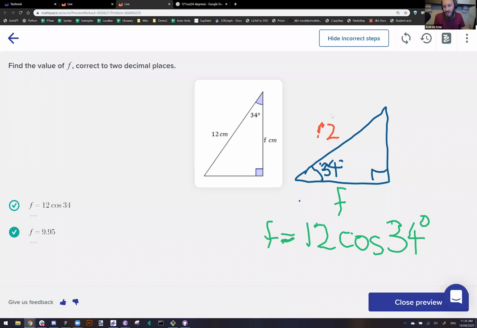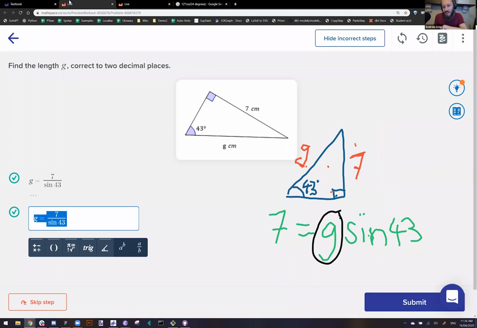Here, the number that I knew was on the hypotenuse. And the number down the bottom here is F. And then when I translated the equation across, it's the length of the hypotenuse times cos 34. So I got this equation. But notice the thing that's different here.